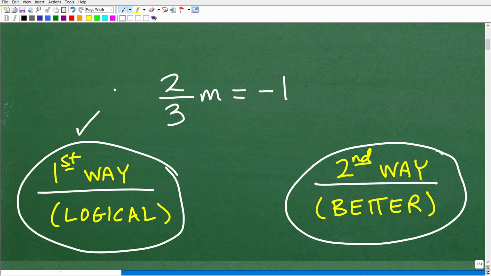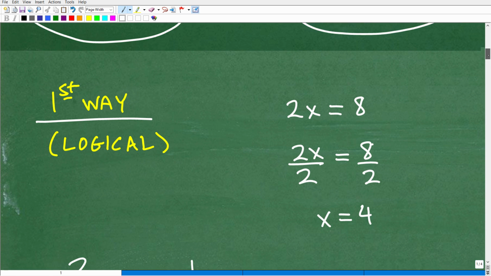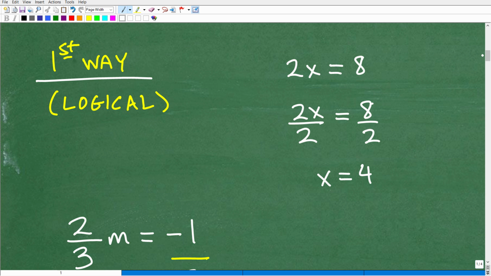We'll cover both techniques, and you can determine which way you like. Again, I am going to recommend this way in terms of your long-term memory and the way you handle these problems. But let's go ahead and get to this first way, this logical approach to do this problem, or problems like this.